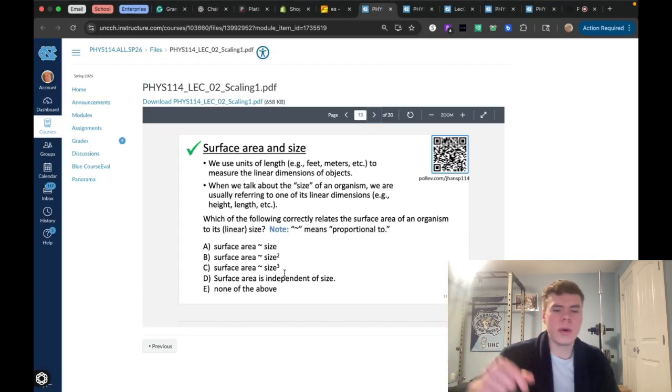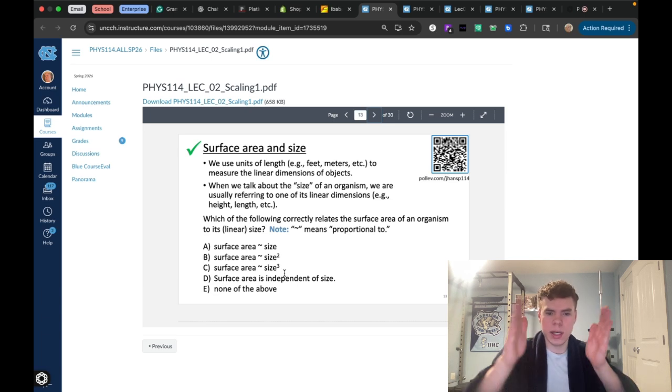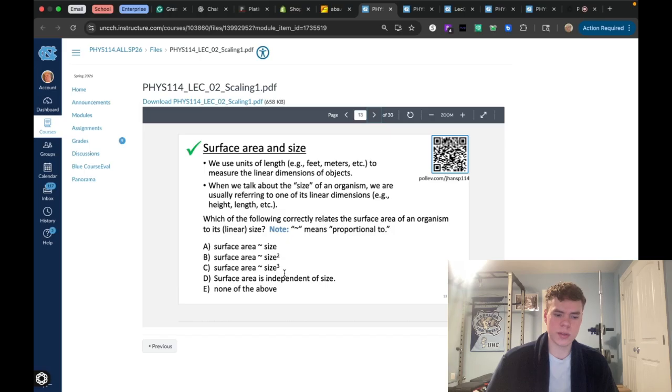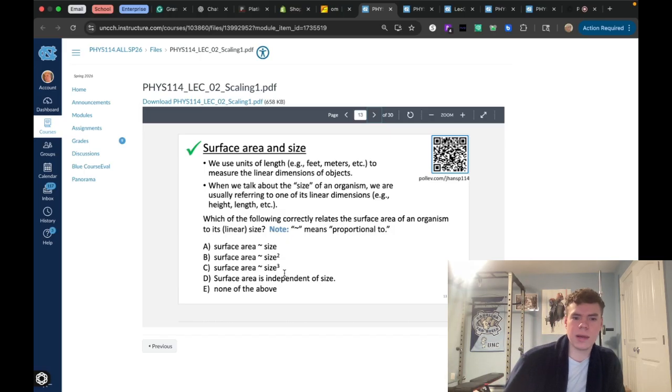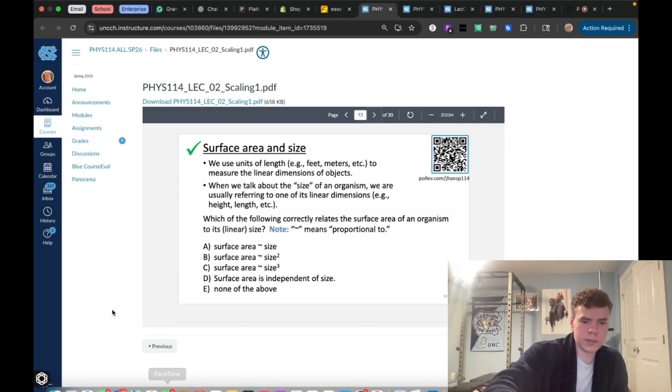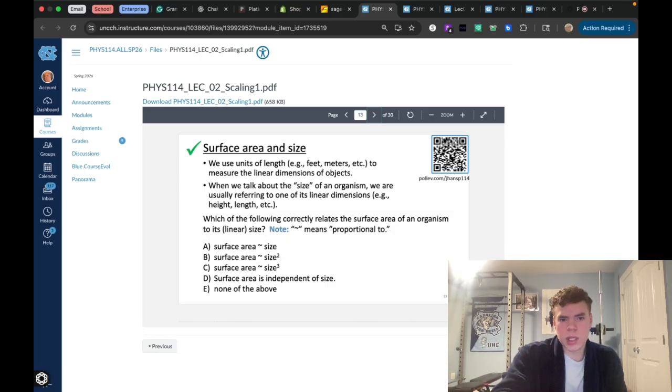So surface area, right? Surface area is not volume, so it's just calculating the area of something. Like the surface area of this table would be width times length, which would be squared. Volume would be cubed, right? So I'm thinking the answer for this is B. We can ask ChatGPT though.